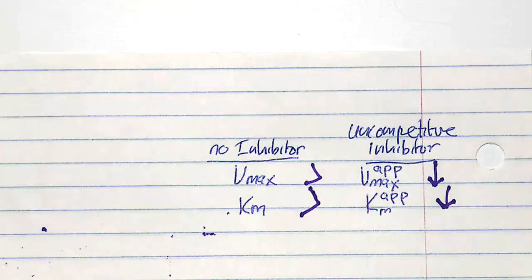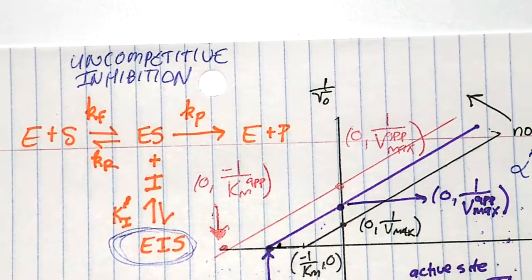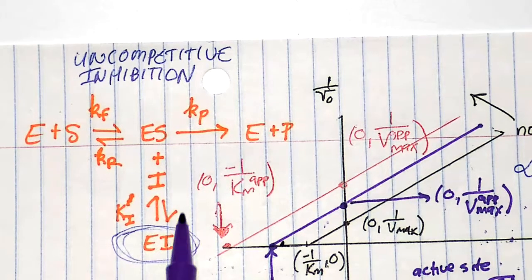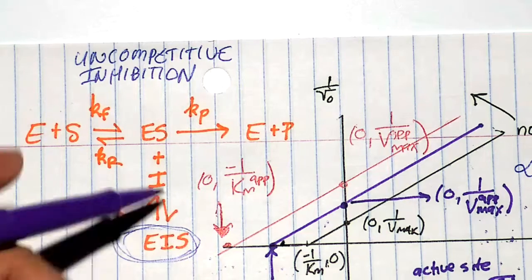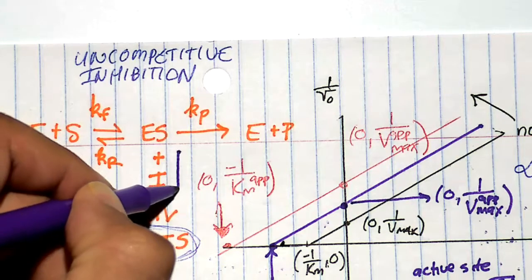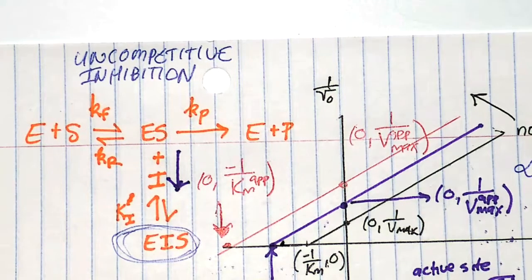That also implies a greater affinity of the enzyme's active site for the substrate. So how does that jive with what we're seeing here? Well, take a look at our equilibrium. If you look back at our equilibrium, if we have more uncompetitive inhibitor, you drive ES to form the non-productive EIS.